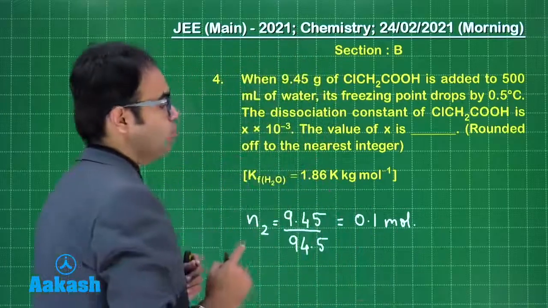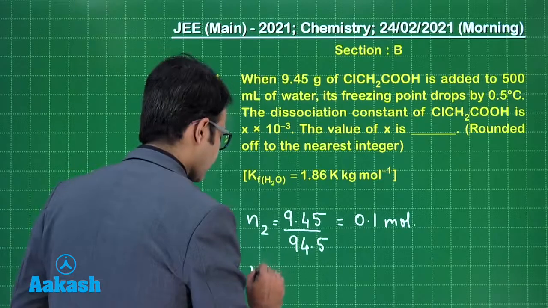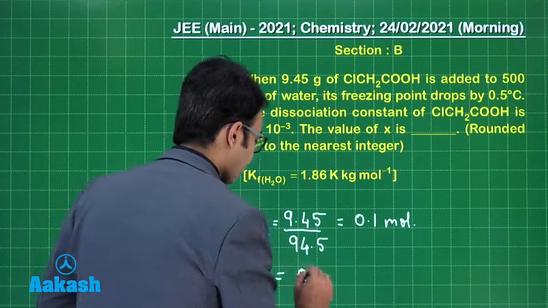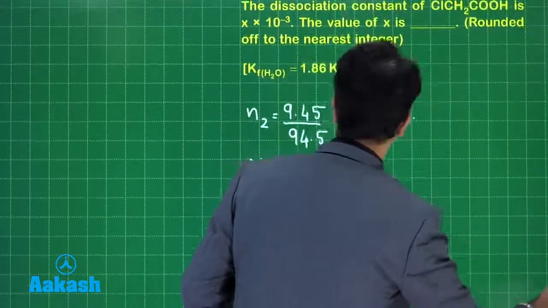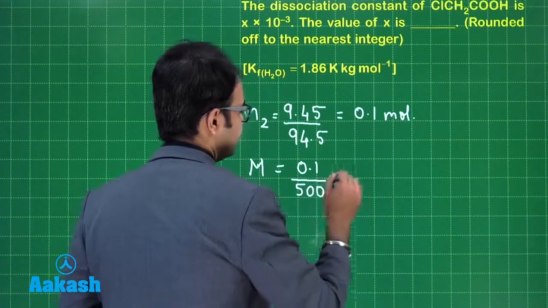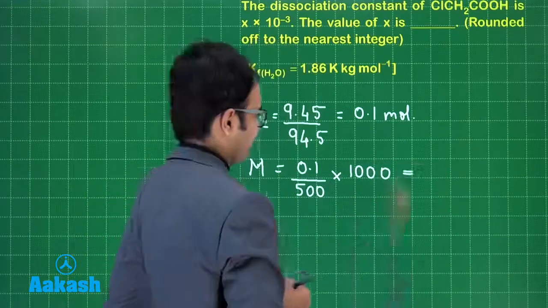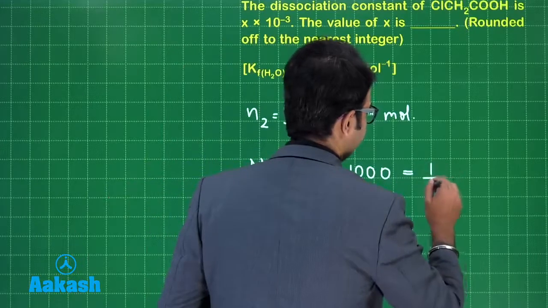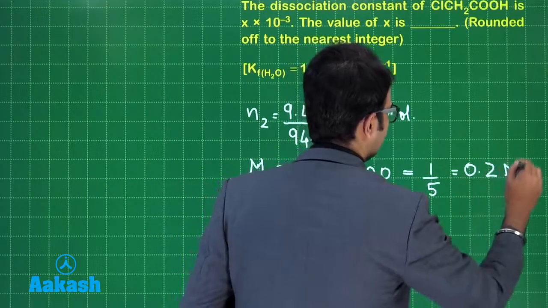Once I have the moles, I can calculate the concentration. Concentration is number of moles upon the volume. Volume is 500 ml into 1000. This will come to 1 by 5, that is 0.2 molar.